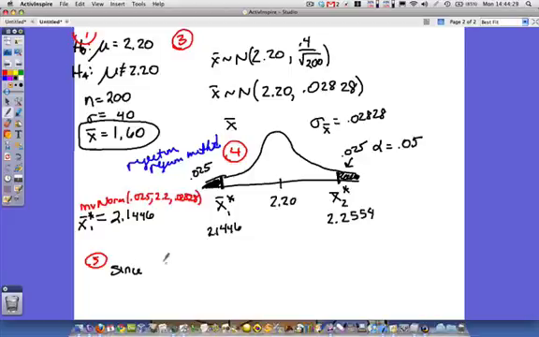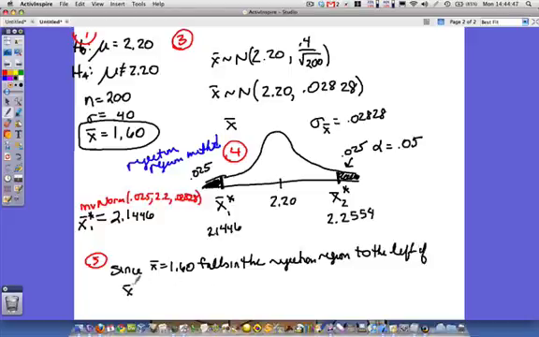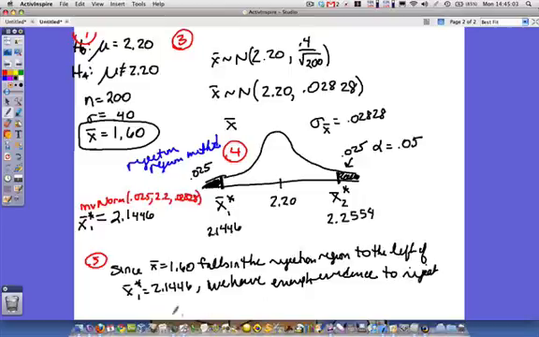So we can say, since x bar equals 1.60 falls in the rejection region, to the left of x bar star 1 of 2.1446, we have enough evidence to reject H0 and say, and do that again, and so we'll say is what I meant to say.